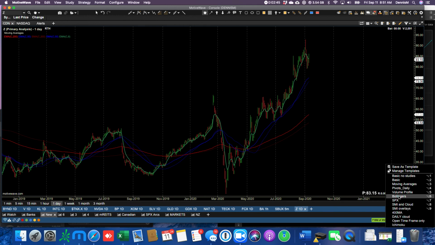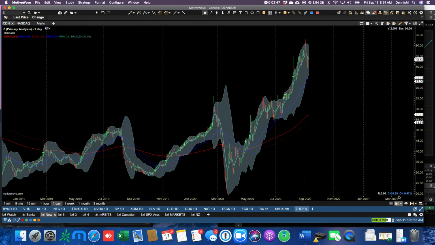Then you have things called Bollinger Bands, a mathematical formula invented by John Bollinger that shows you the standard deviation that a price could move based on a 95% probability.